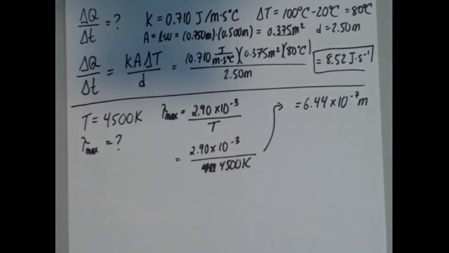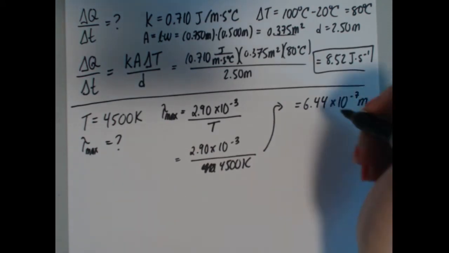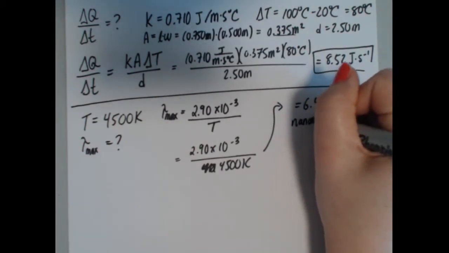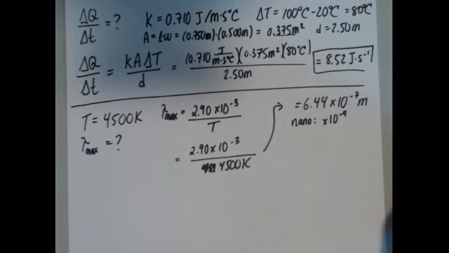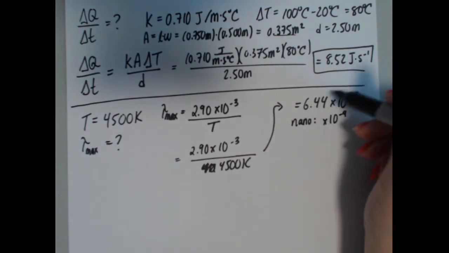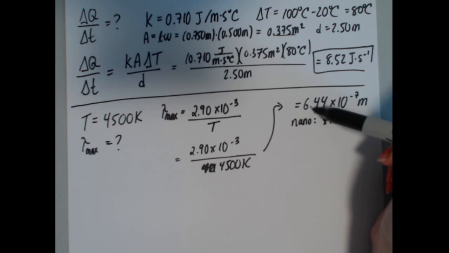Now with light, especially with visible light, we like to express the wavelength in nanometers. The prefix nano, if you look it up in your data booklet, means times 10 to the minus 9. This answer is times 10 to the minus 7. So if I wanted to make it times 10 to the minus 9, I need that decimal to move to the right 2 more spaces, so I stick it right here after the 4.